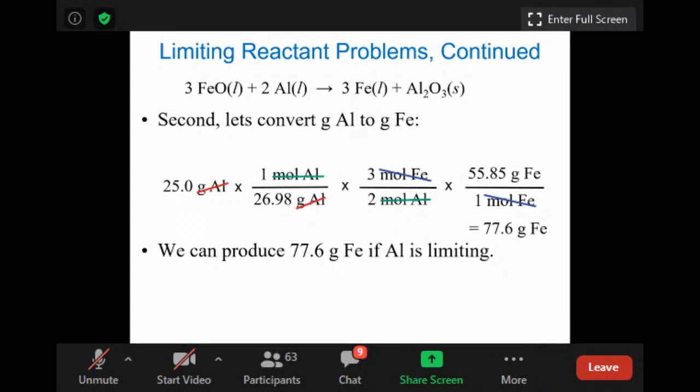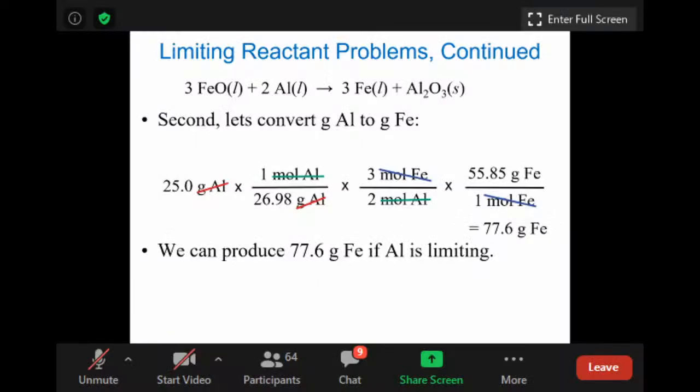I have a question, Professor. Yeah, please. Who's asking? Adriana. Adriana, all right. My question is, I'm looking at the equation, and for the third part where it's 3 moles iron over 2 moles aluminum, you got the 3 and the 2 from the coefficients? From the coefficients, yeah. Okay, and then just one more question.